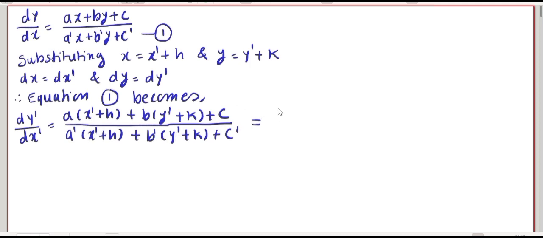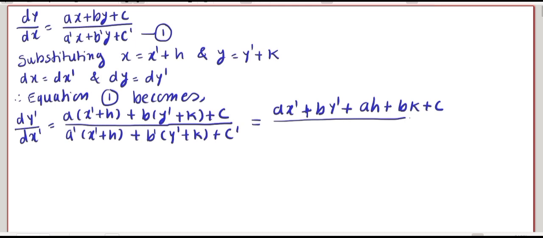We get (a x dash plus b y dash plus ah plus bk plus c) divided by (a dash x dash plus b dash y dash plus a dash h plus b dash k plus c dash), equation number 2.